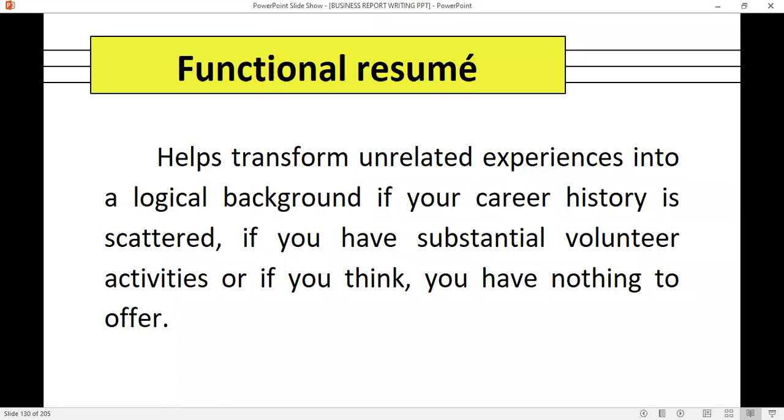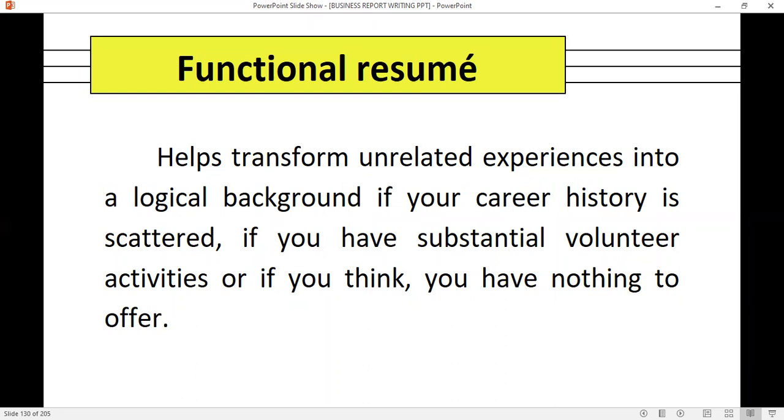So here are the types of resume. We have the functional resume. It helps transform unrelated experiences into a logical background. If your career history is scattered, for example, 2 years you have worked in a social development company or institution, then after 2 years, you have transferred into a teaching institution.